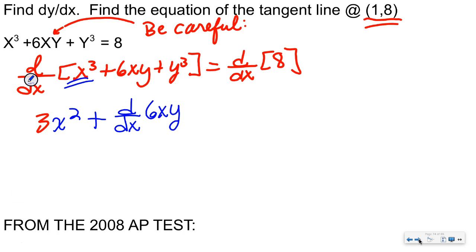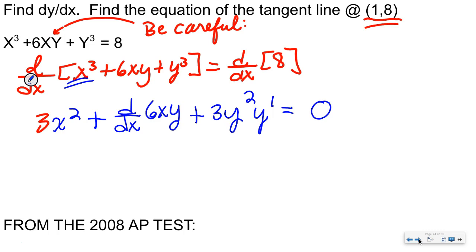I'm going to wait and do that in a little bit, because that's the thing that I want you to be careful about. The derivative of y cubed, true or false? 3y squared. Whoopsie. False, because y is itself a function. So I do 3y squared times y prime. That one was easy. The constant on the right, its derivative is 0.